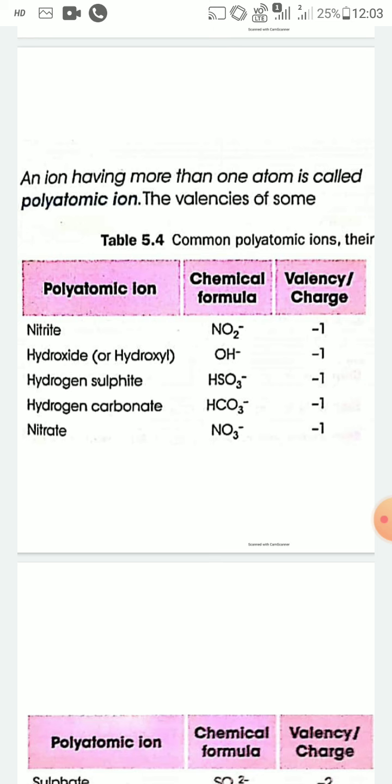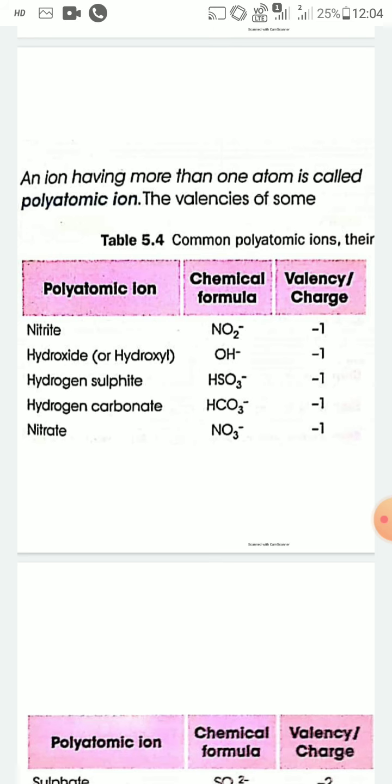So nitrite has formula NO2-, valency 1 and charge -1. The hydroxide ion, or hydroxyl ion, has formula OH-, charge -1, but valency only 1 without the sign. Hydrogen sulfite has formula HSO3-, valency 1, and charge -1.